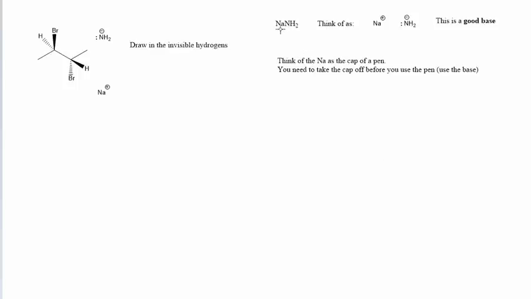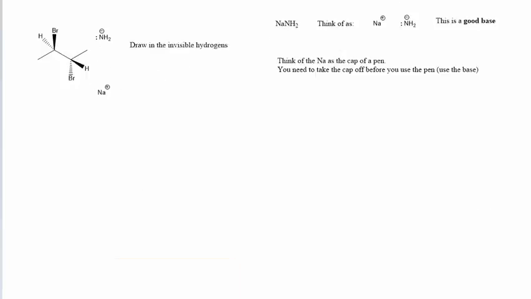The cap is considered this sodium over here, and when you add this molecule to solution, the so-called cap comes off, and you now have the pen available to use for writing, or in this case, using it as a base. So again, we need to add this as a salt to our solution because we want a good base, and once it's in solution, it breaks up into ions, and we can use this anionic species. Okay, so let's take another look over here.